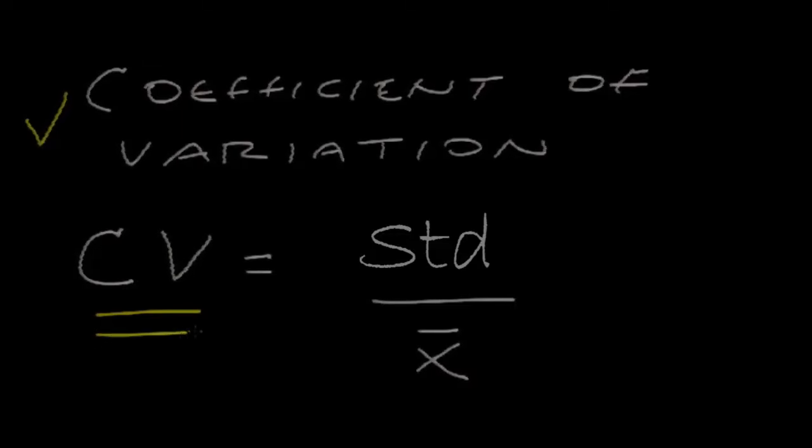So the coefficient of variation is simply calculated as the standard deviation divided by the mean of our data. That's it. So the standard deviation, for example, of our first population, the small one, was 1.6, and the mean of our data, I believe, was about 6. So that will give us a new value, a coefficient of variation value. If we do it for the second population, we can directly compare the two of them.